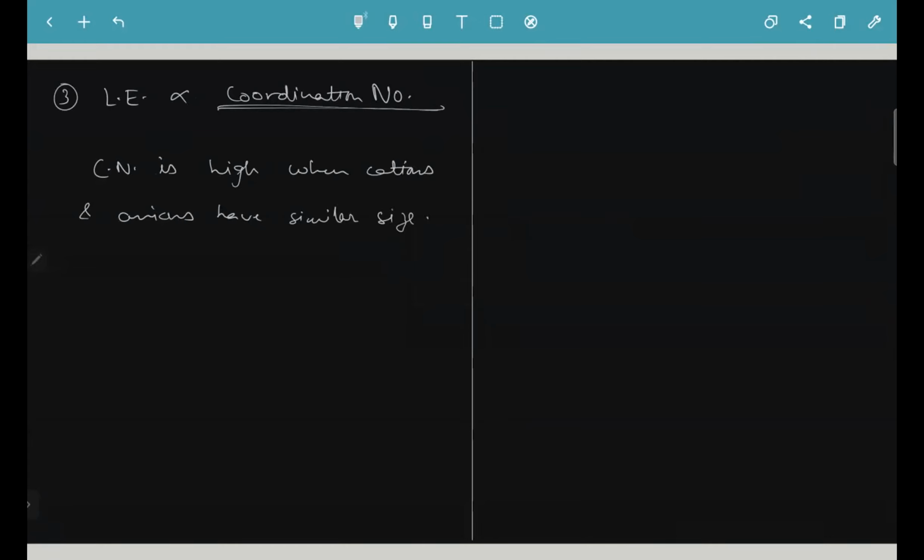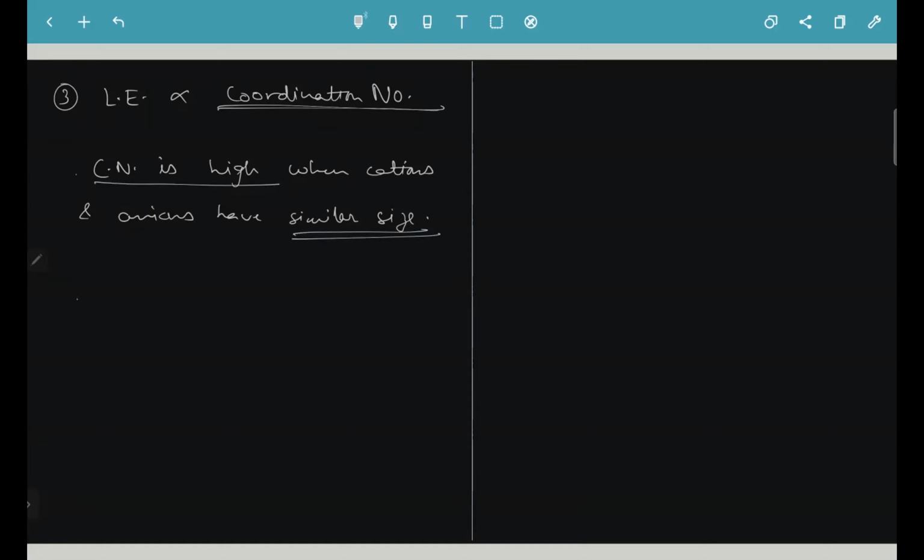For now, we'll not be able to understand this. We'll study the calculations of coordination number in a chapter called solid state. But अभी के लिए बस इतना लिखो कि coordination number is high when cations and anions are of similar size. Okay.